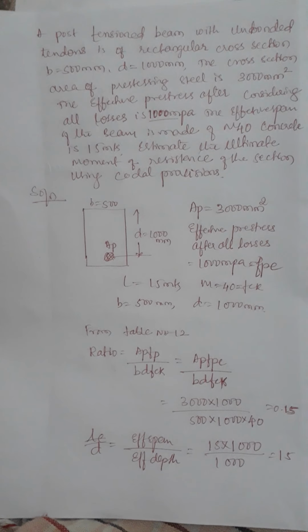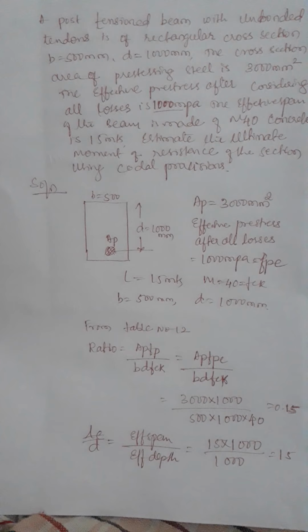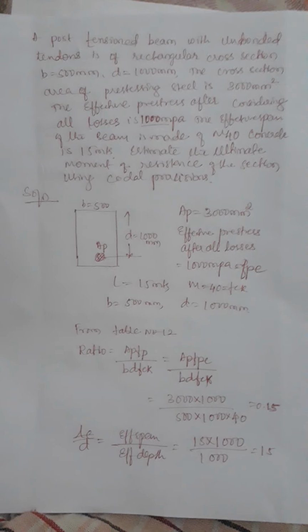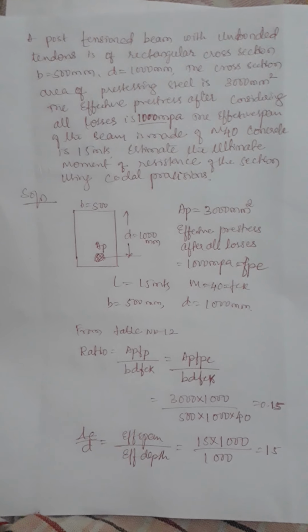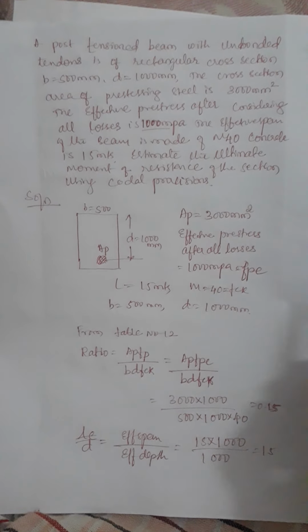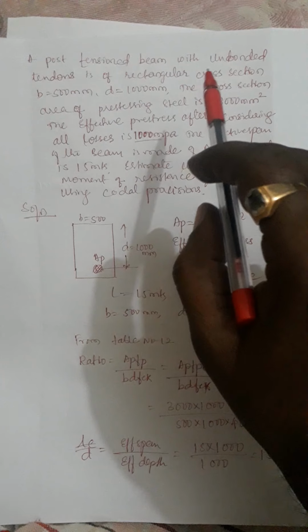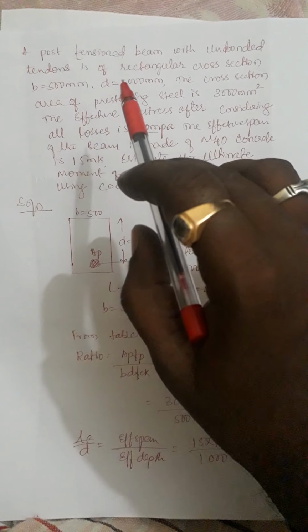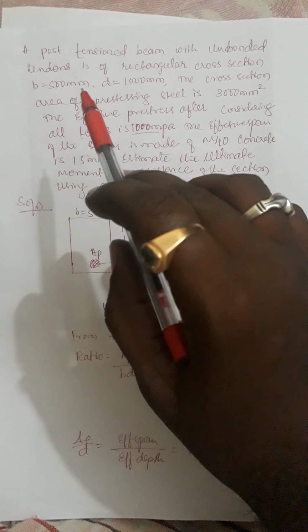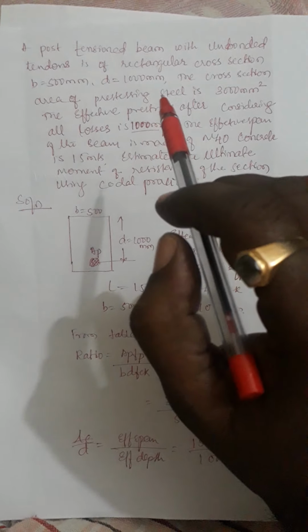So this is the continuation of the problems of pre-stressed concrete model 3. This is the fourth problem. It states that a post-tensioned beam with unbonded tendon is of a rectangular cross-section. Breadth is 500 mm and depth is 1000 mm.